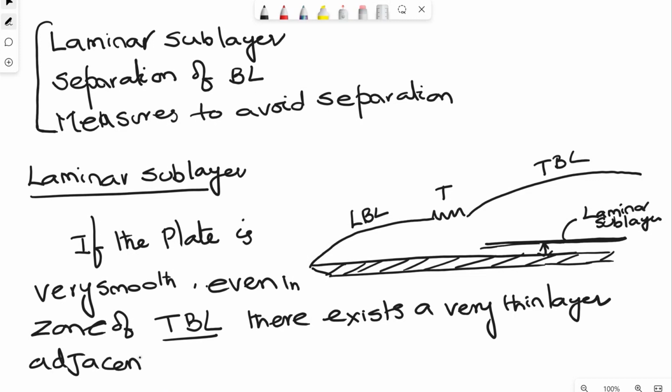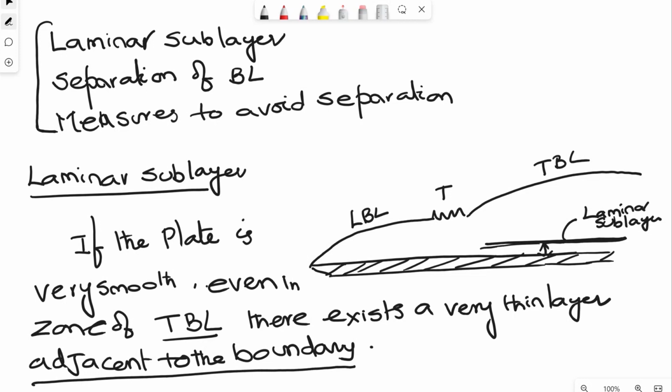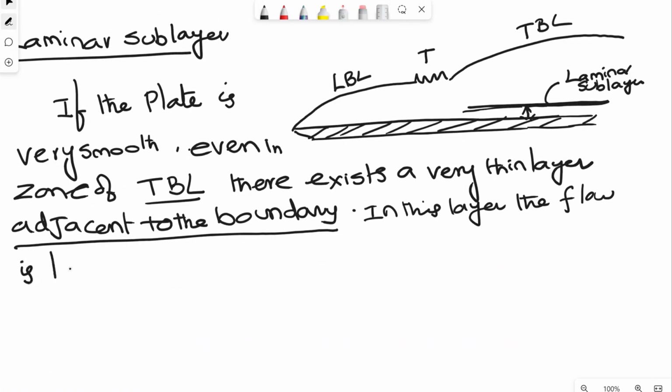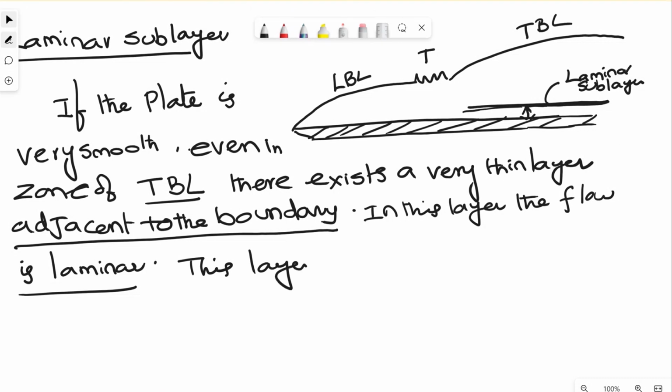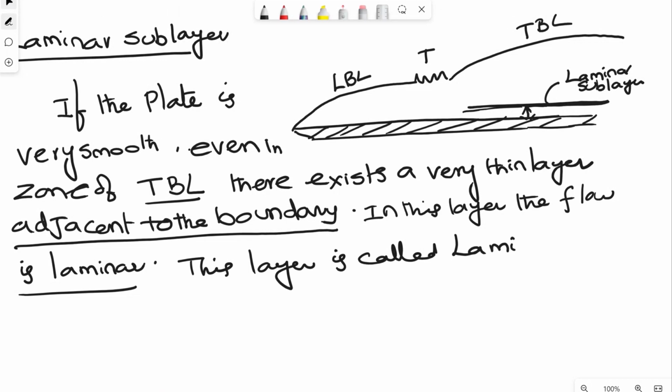Very, very important word: adjacent to the boundary. In this layer, the flow is laminar. This layer is called laminar sublayer.